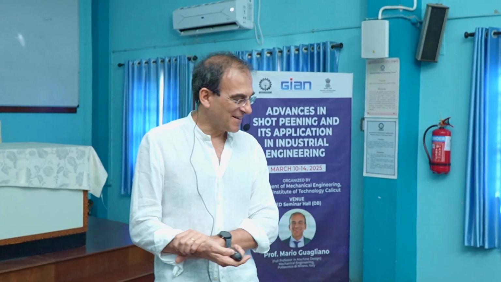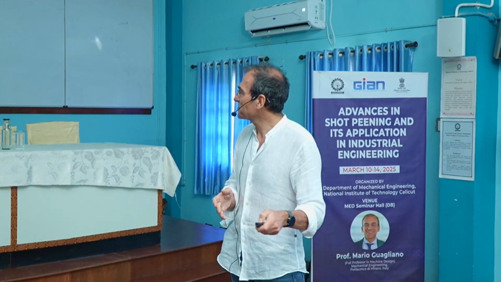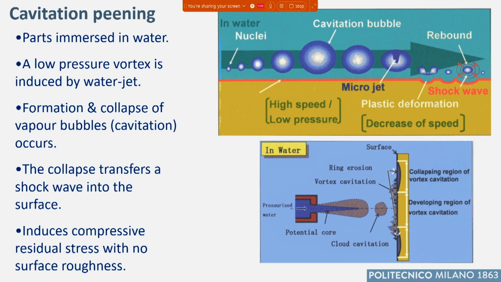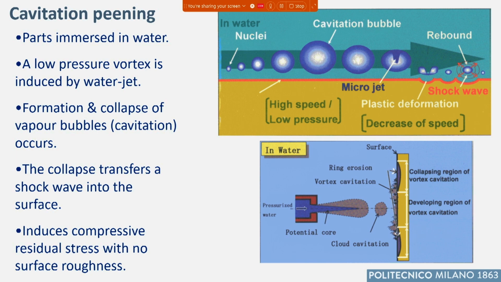Okay, and cavitation peening. This is a shotless treatment. Here, from a conceptual point of view, it could be somehow compared to laser peening. We have a pulsed wave, but in this case we are not using a laser.